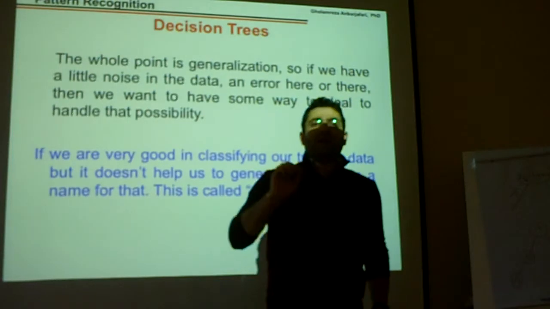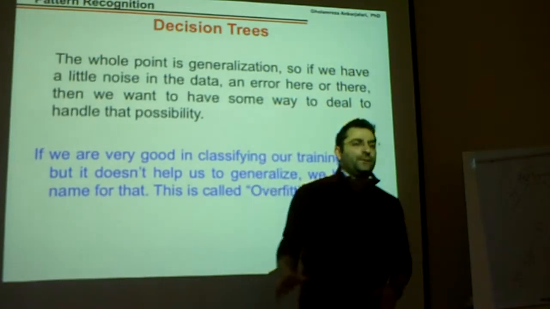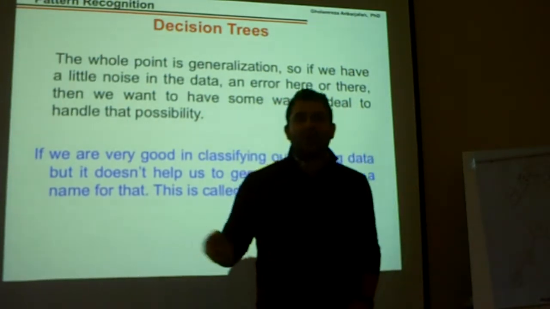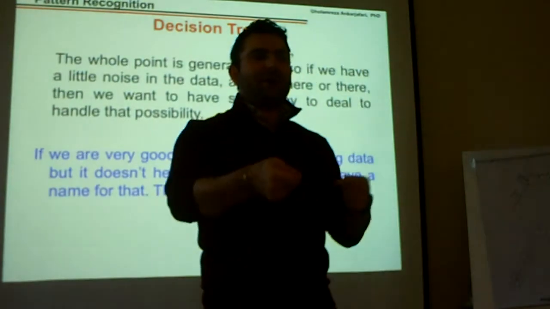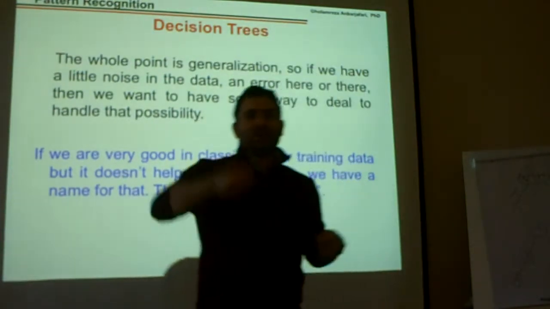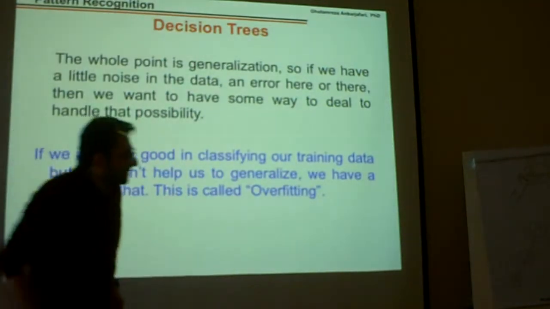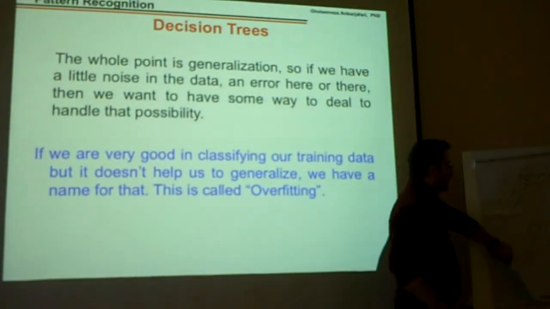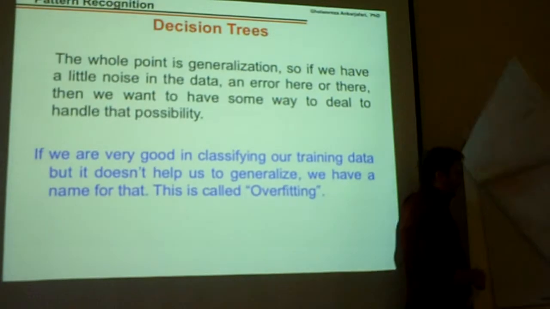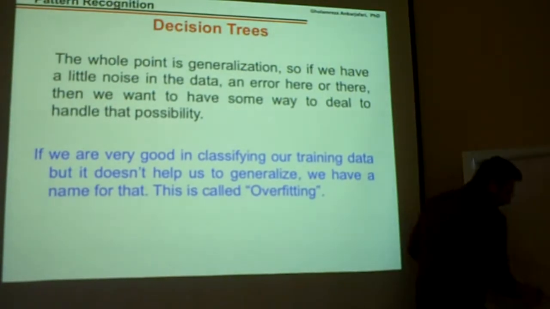Okay? Let's put it in a very simple form. You are in the chemistry lab and you have measured some values, right? And you have lots of data. Let's see if you remember what the overfitting scenario was.